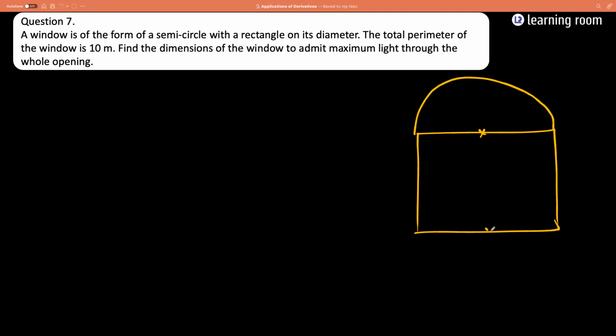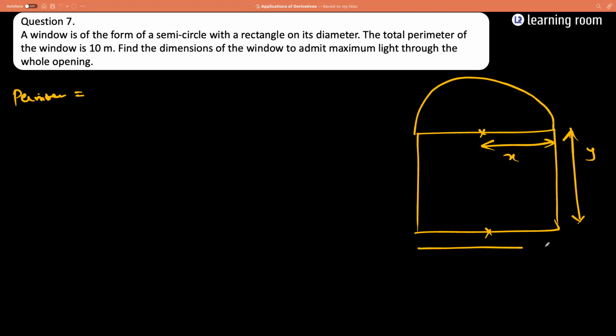So let's take the dimensions of this rectangle. If I take this to be X and this to be Y, for instance. We need to find the dimensions of the window, meaning the values of X and Y, along with the circumference of this semicircular arc. First, tell me what is going to be the perimeter.